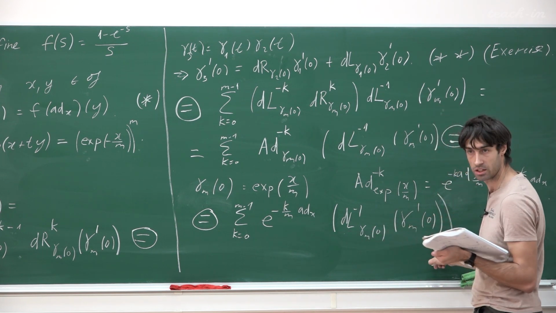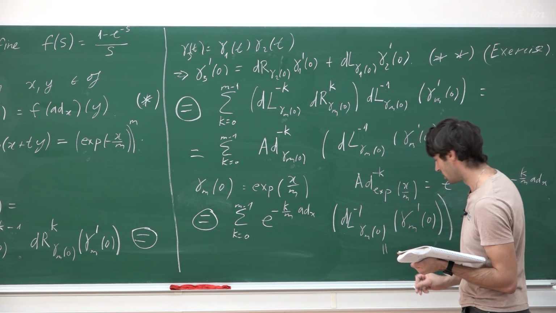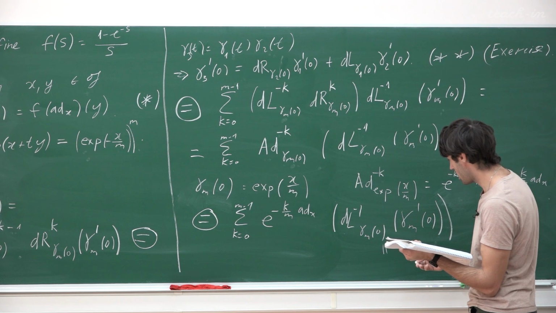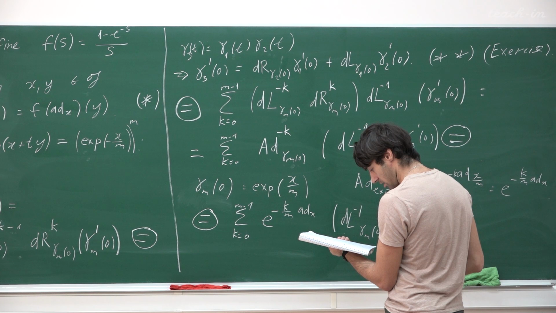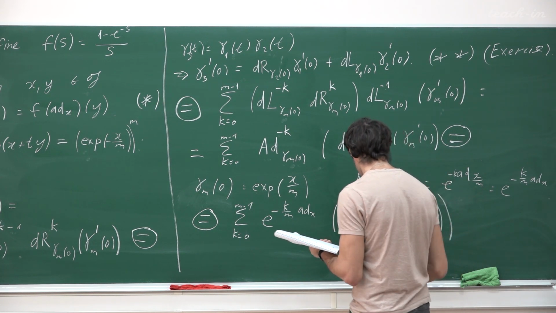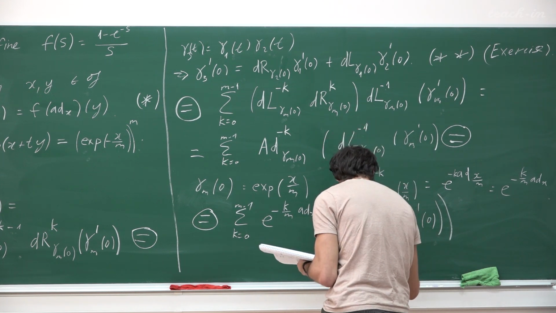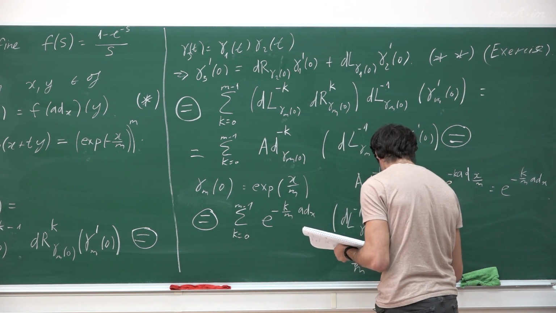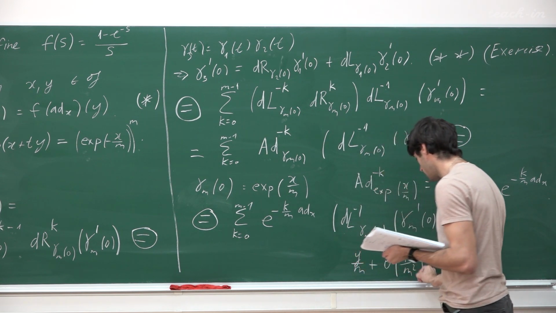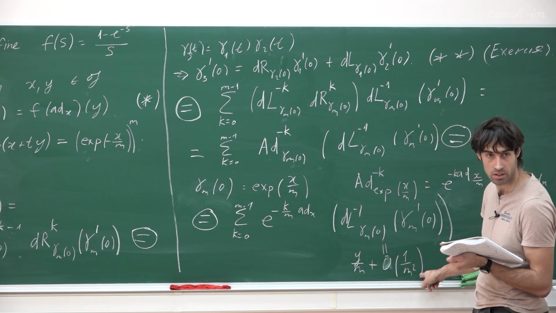I claim that this is actually just y over m, plus something that when m goes to infinity behaves as 1 over m squared.